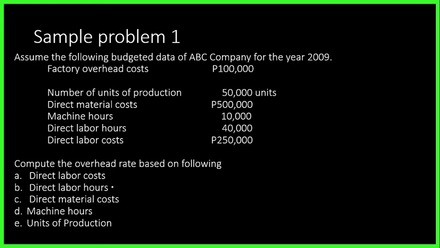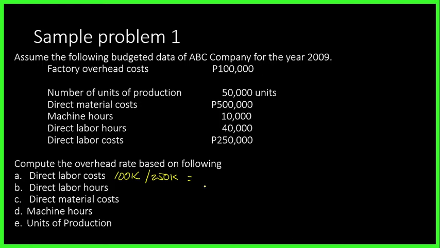So if this is based on direct labor cost, your factory overhead rate will be 100,000 divided by your direct labor cost, which in this case is 250,000. So what is 100,000 divided by 250,000?